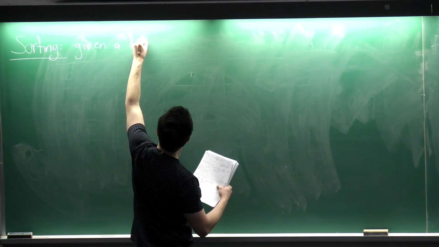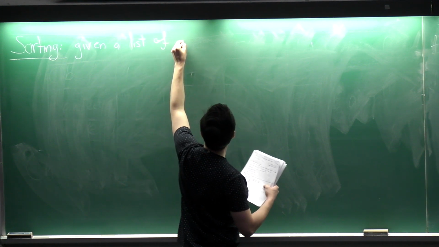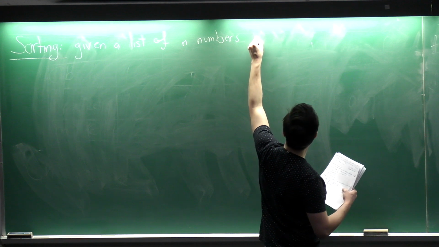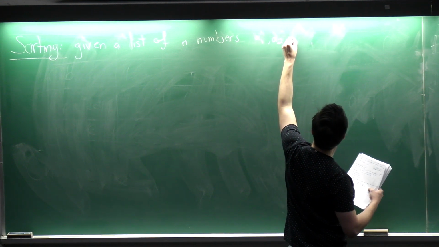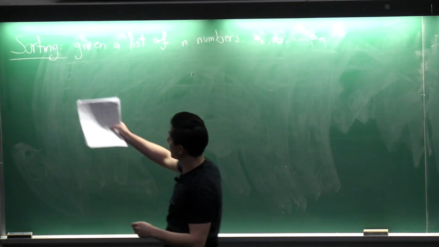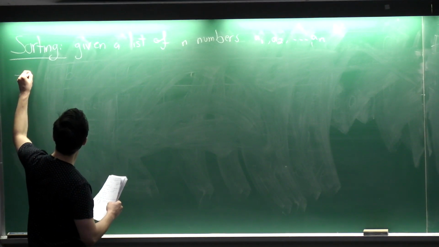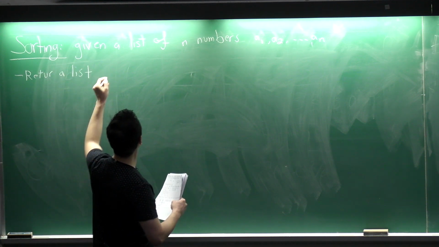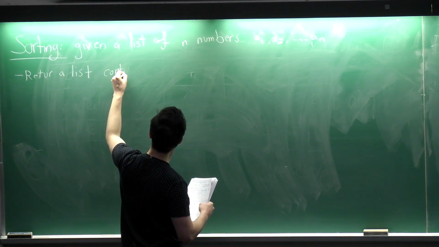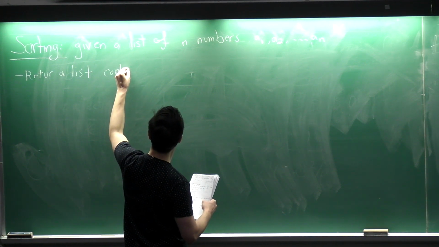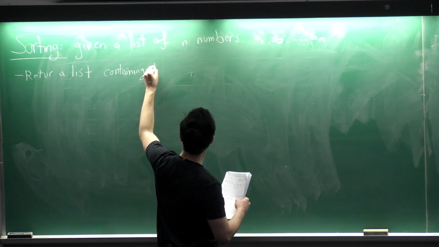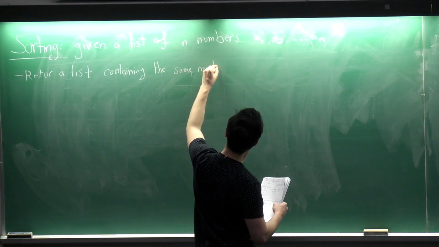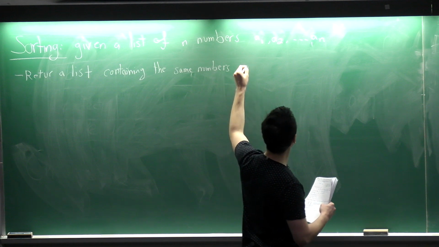So, given a list of n numbers from A1, A2, all the way till AN, the sorting problem is to return a list containing the same numbers in sorted order.